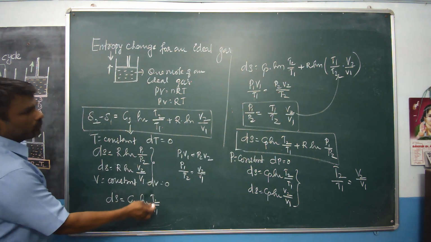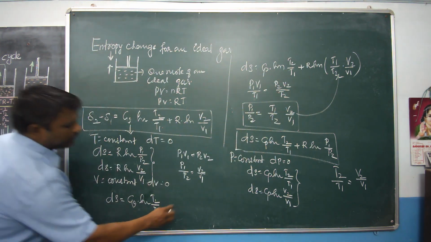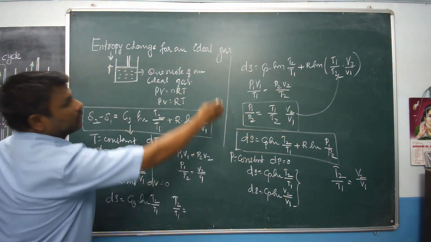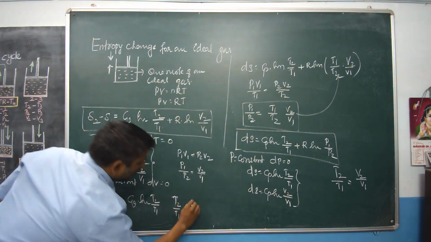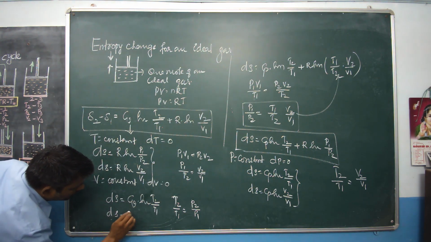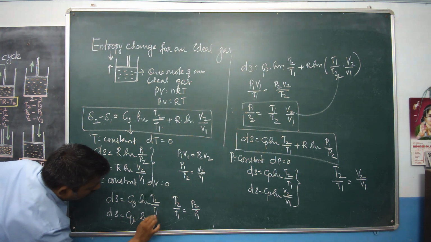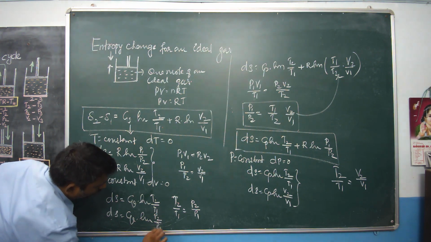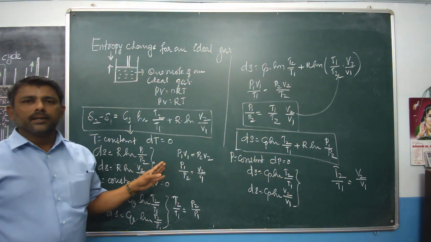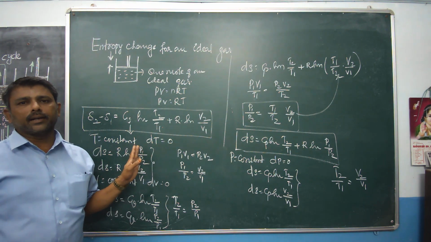I am in need of T2 by T1. So T2 by T1 is equal to P2 by P1. So another form is change in entropy is equal to Cv into ln P2 by P1. Both are the same. So this is the information regarding change in entropy of an ideal gas. Thank you.